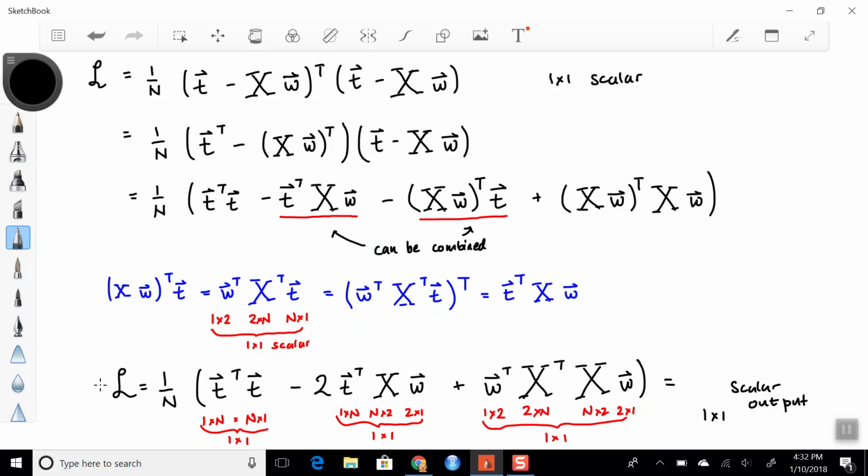Okay, and so now I have to introduce the idea that we're going to take the derivative of this thing with respect to the vector w. So we have our loss function in vector matrix notation, and we want to find the minimum of the loss function, right?